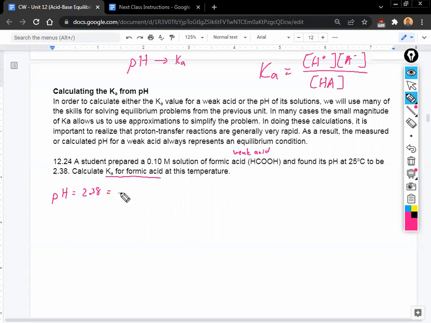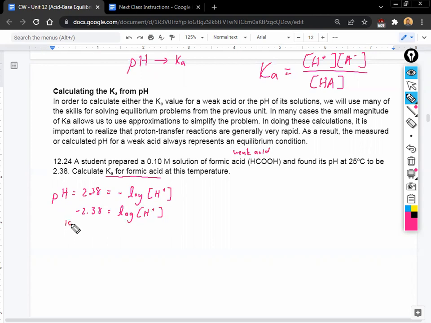So if we have the pH, what we can find naturally is the concentration of H plus. The reason we can find H plus is because of the pH formula, negative log of H plus. So we rearrange the equation so that negative 2.38 is equal to the log of H plus.